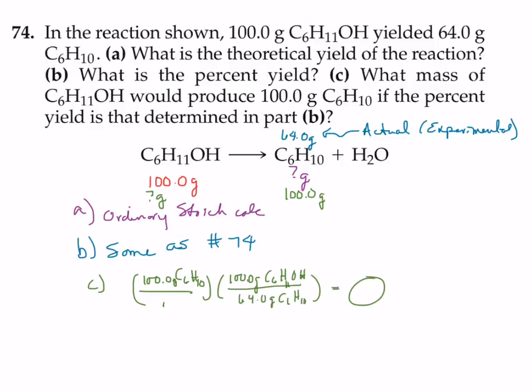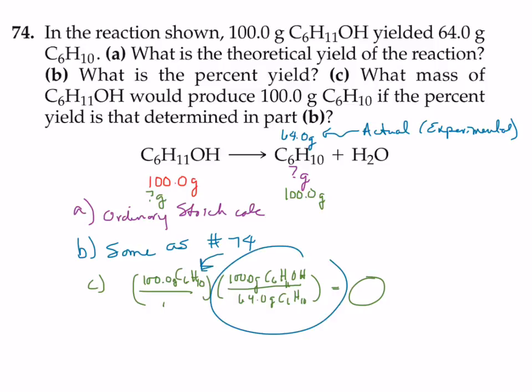So anyway, if you read C, it's kind of a standalone question. It says, all right, what mass would you have to start with if, knowing your percent yield, you would only get a certain amount back and you wanted to produce 100 grams of that product? One of the things I don't like about this problem, there's two 100.0 grams. So this is just associated with problem C. And so what I did was I just put what I wanted to get back with regard to the product as my first term.